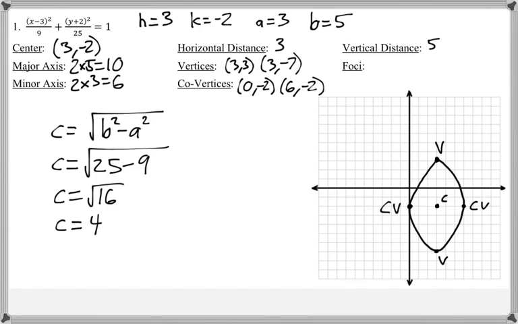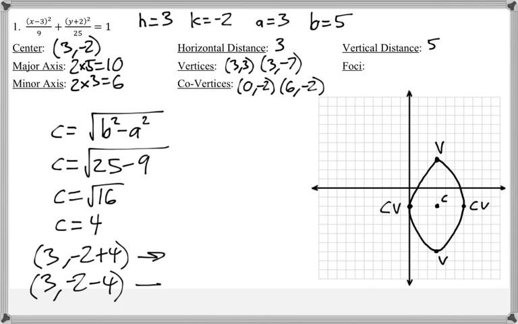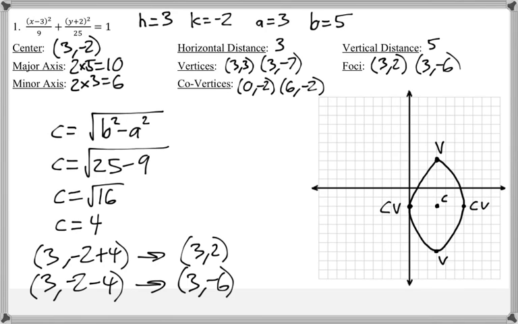So my foci will be (3, -2 plus 4) and (3, -2 minus 4). So that's going to be (3, 2) and (3, -6). So let me put those up here. And then label them on the graph.